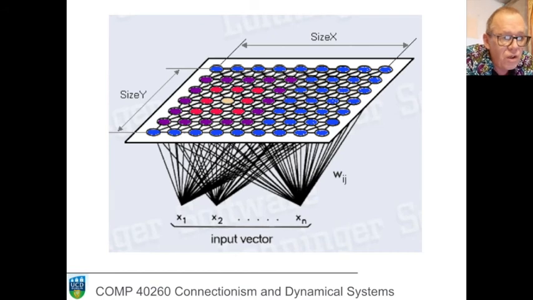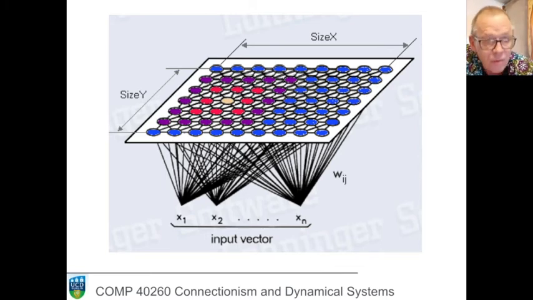Here you can see the network, and what's shown here is the two-dimensional output grid. That's our principal focus here. There is an input layer for which, imagine we have n input units. Let's say n is 500,000 or 50 or 5. It doesn't really matter. We present one vector at a time down there.